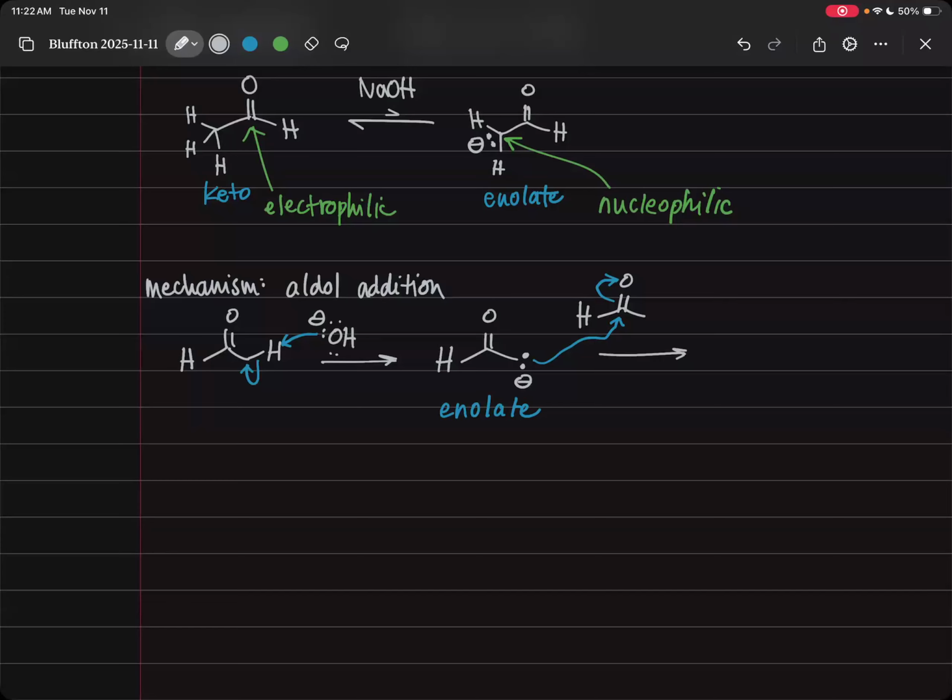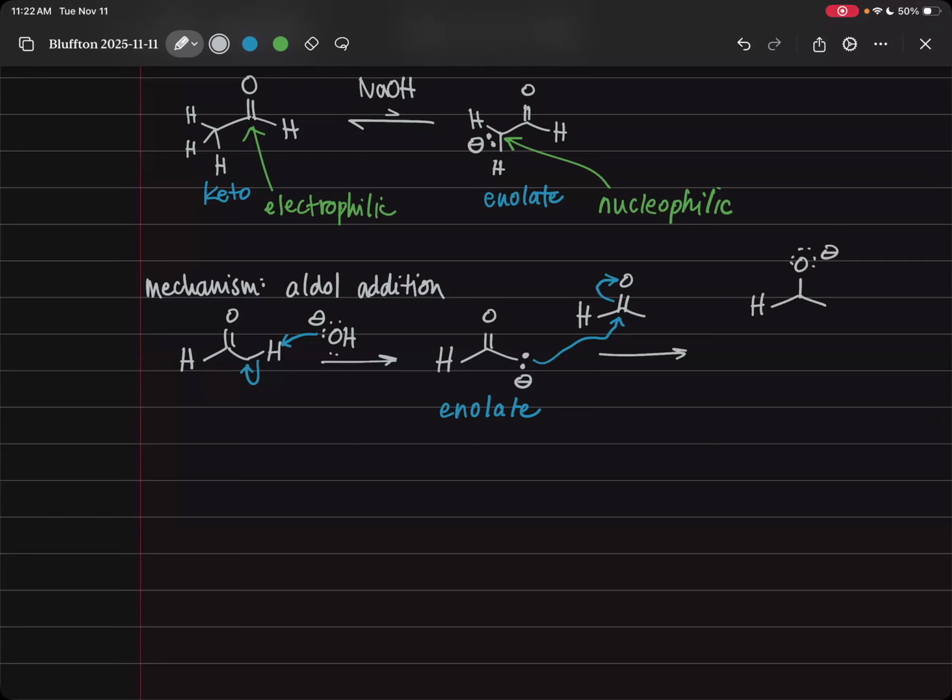Okay, so this next part, you have to draw the molecule where the two molecules basically have attached to each other. This is probably the trickiest bit because you've got to make sure you have the right number of carbons and you have the right connectivity between all of the atoms.